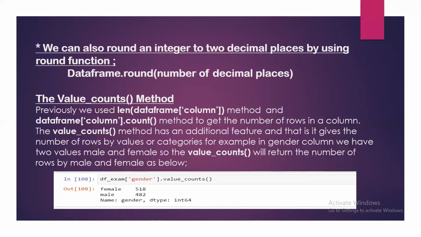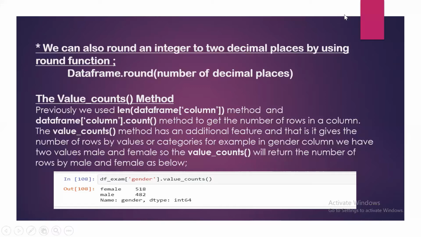For example, in the gender column, we have two genders, male and female. So we can use the value counts method to give the total of female counts and male counts in that column.